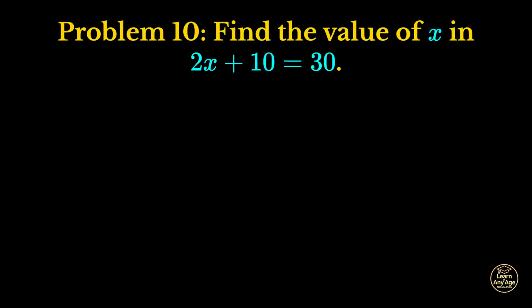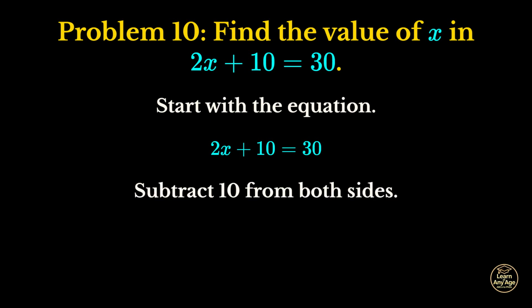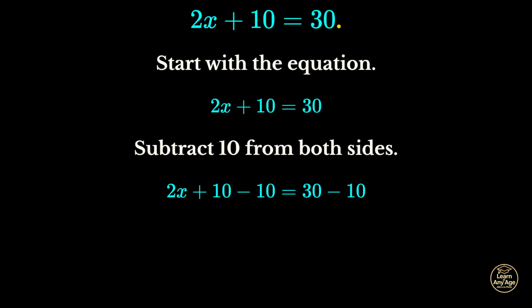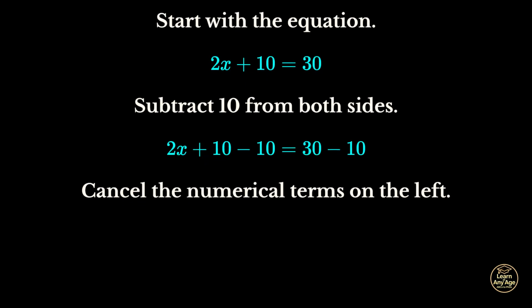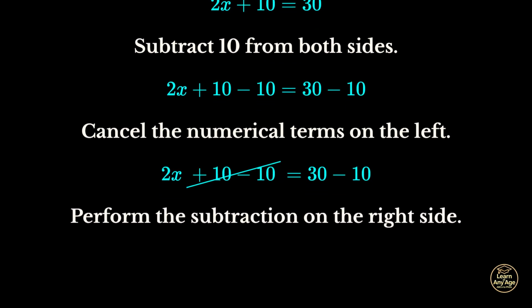Problem 10. Find the value of x in 2x plus 10 equals 30. Start with the equation. 2x plus 10 equals 30. Subtract 10 from both sides. 2x plus 10 minus 10 equals 30 minus 10. Cancel the numerical terms on the left. 2x plus 10 minus 10, cancelled out, equals 30 minus 10.